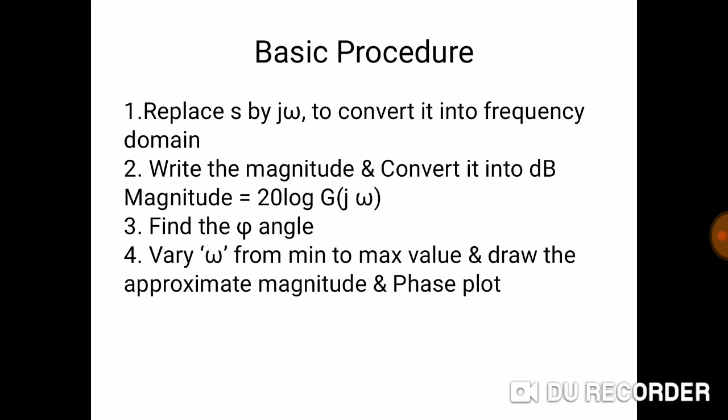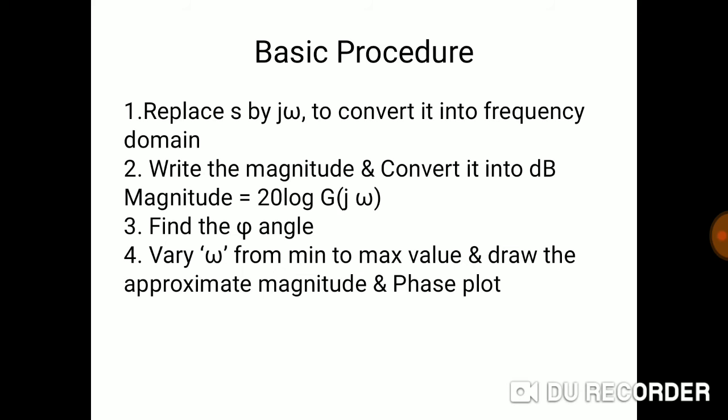As we know, a transfer function consists of zeros, poles, simple zeros, and so on. All of them you have to convert into magnitude and then convert into dB. There is a procedure for converting into dB and finding the magnitude; in the latter part we will discuss that. Then find out the angle for each factor. Constant, poles, zeros, simple poles, simple zeros: for each one, a magnitude and angle is there.